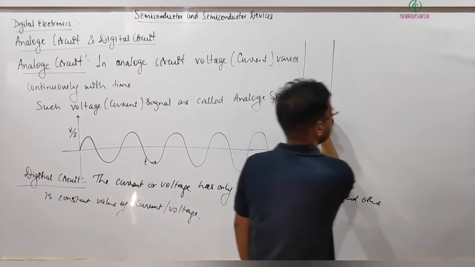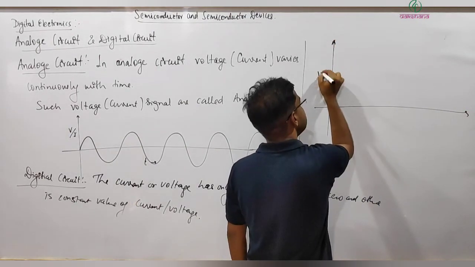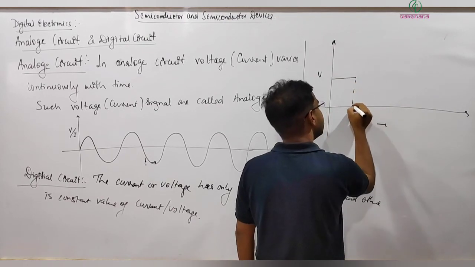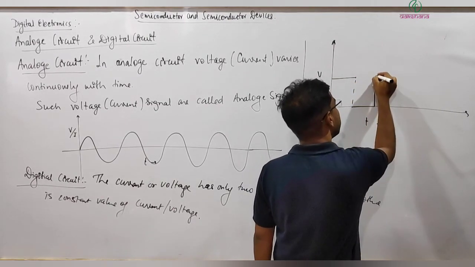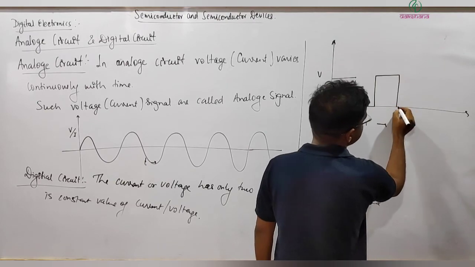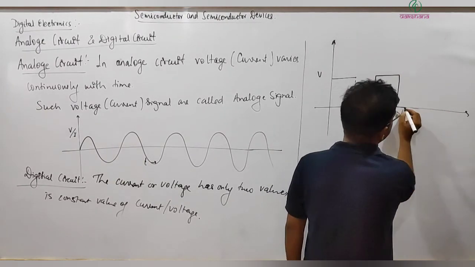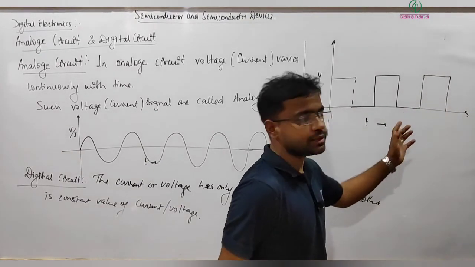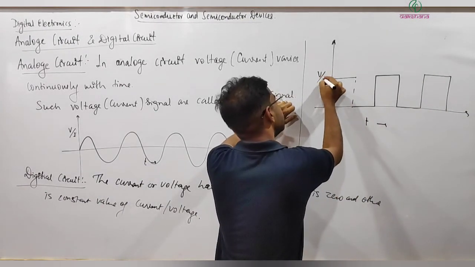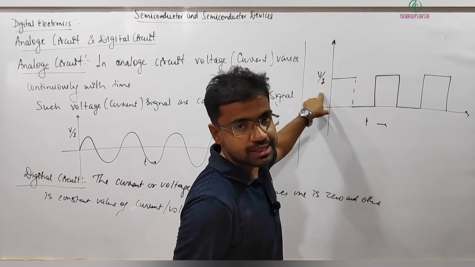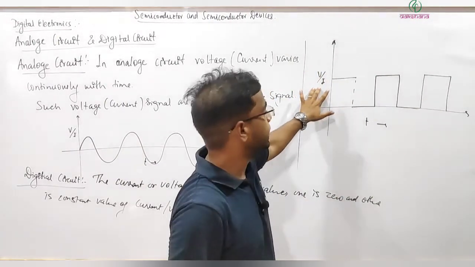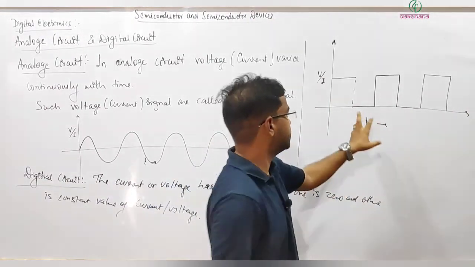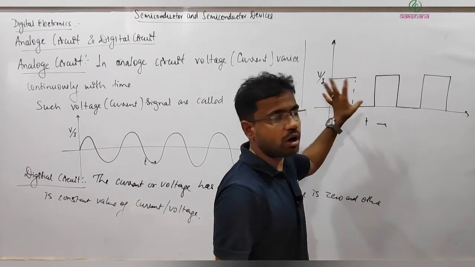You can see one possible case here, let's say V versus T: some high constant value, then 0 for some time, then again high, then again 0, then high again. Here either voltage or current varies with time, but it takes only two values, one 0 and another some constant value.